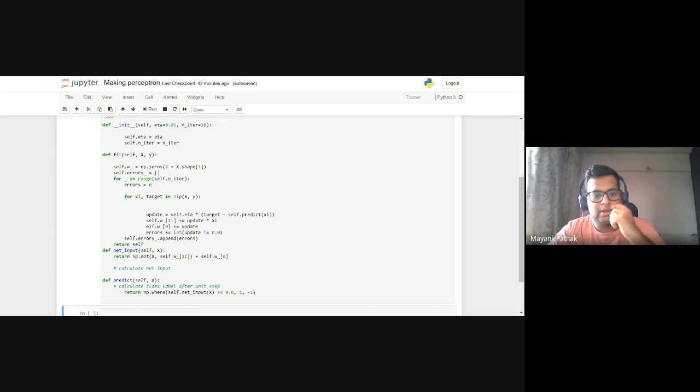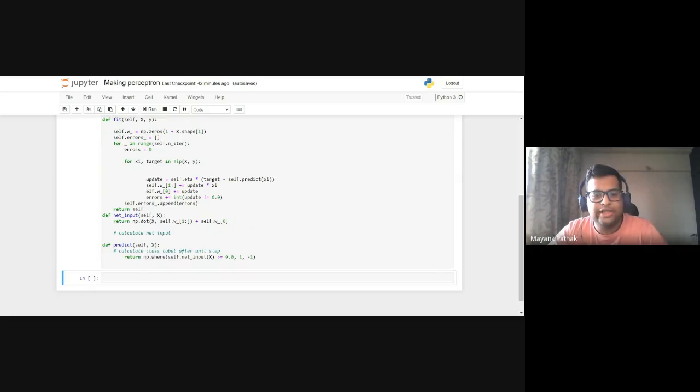If you look down, we have initialized a for loop, which will go over the training, that is n_iter. The error has been set to 0 so that it is initialized to null. Then we have made another for loop over the sample and the y value.